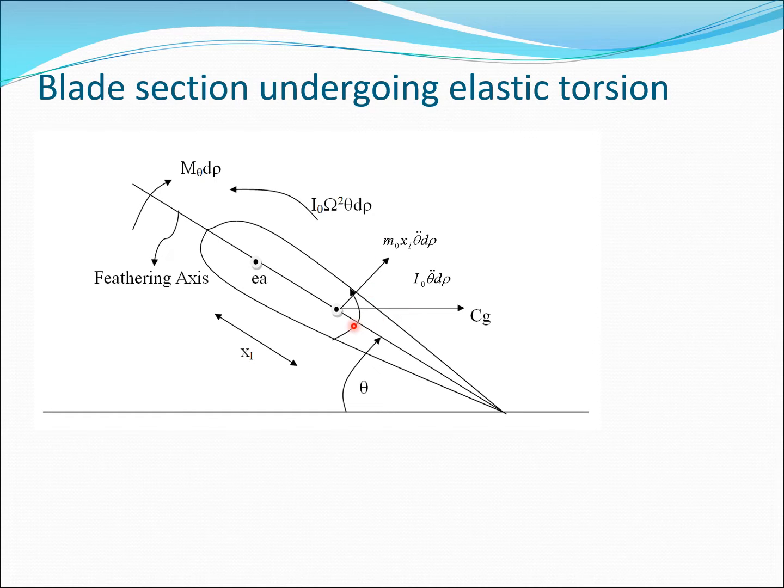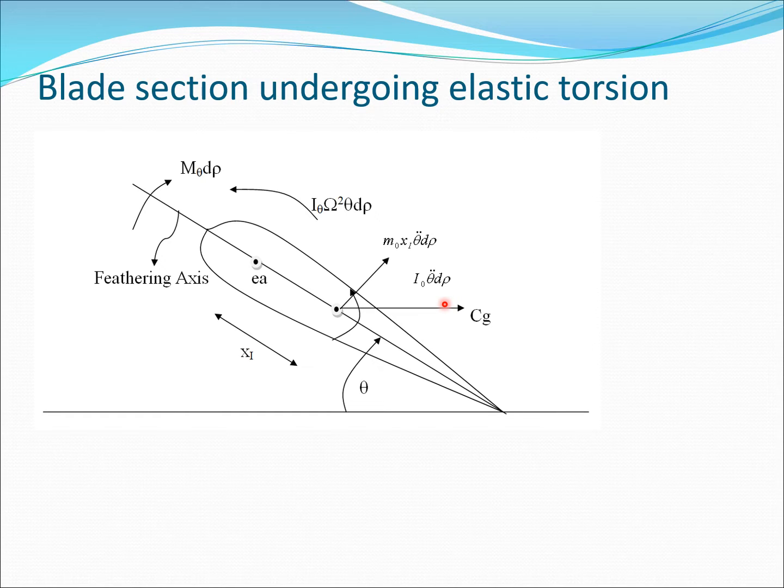Then you are going to have an inertia force, that is m0 x_I theta double dot d rho. And then there is also going to be one more moment, and this is around the CG, that is I0 theta double dot d rho.